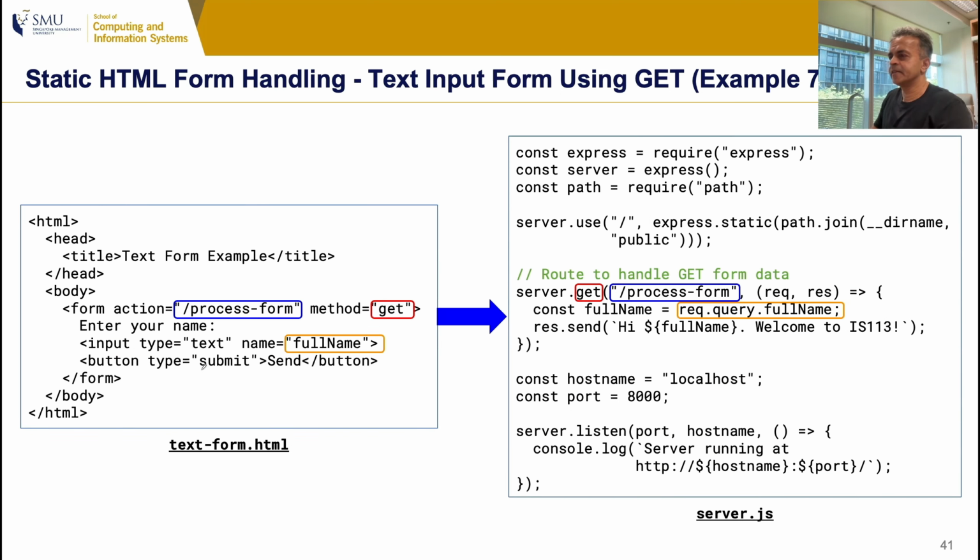Okay, once you send it, since it's a process form, that is the action, get is a method, so it has to be .get, and there should be a route to handle that get request. And again, request and the response are the arguments. Request will contain full name because that is the same as this. That is the orange thing there. So request will contain an object called query as a property, which will contain a full name as a property, coming from the fact that you named it full name here.